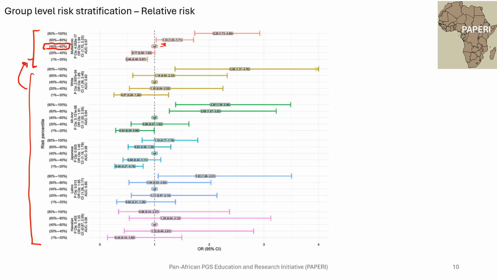So those in the 60th to 80th percentile group of the polygenic risk score have 1.33 times the odds of getting pancreatic cancer relative to those in the 40th to 60th percentile group. Now, this is more of a population level statistic, a public health type of statistic, and not necessarily individual disease prediction, right?